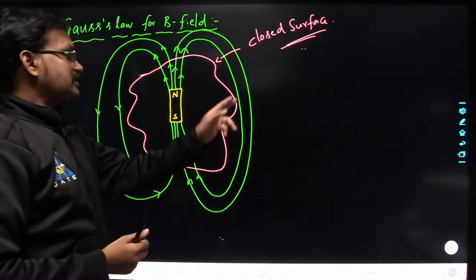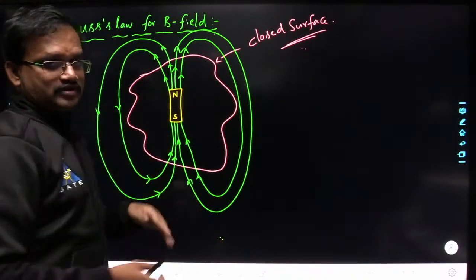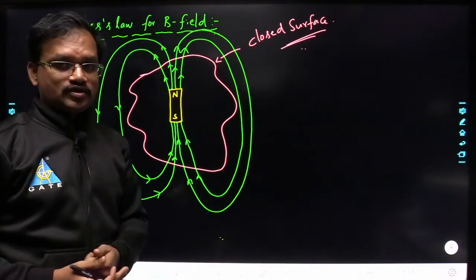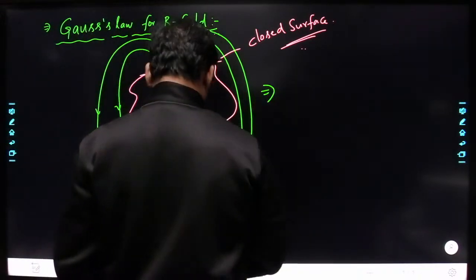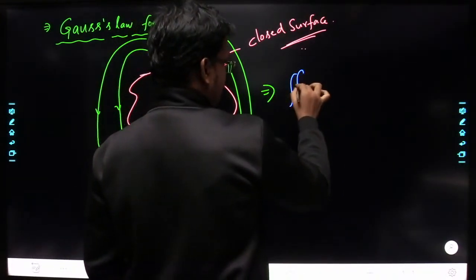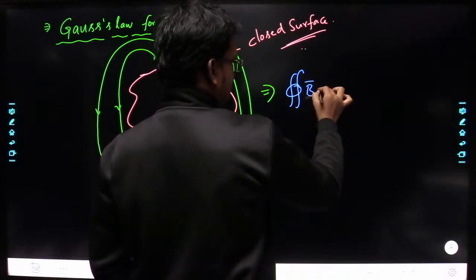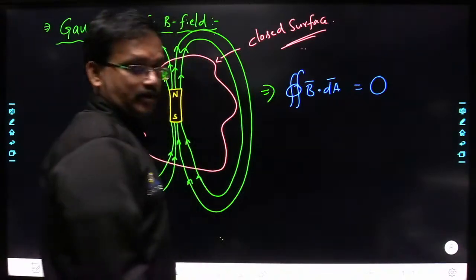So the net magnetic flux that is leaving this closed surface is equal to 0. Yes or no?